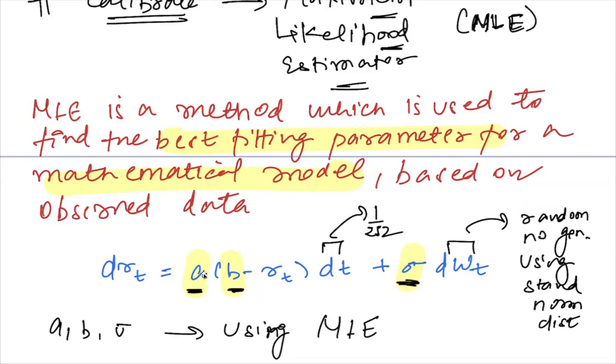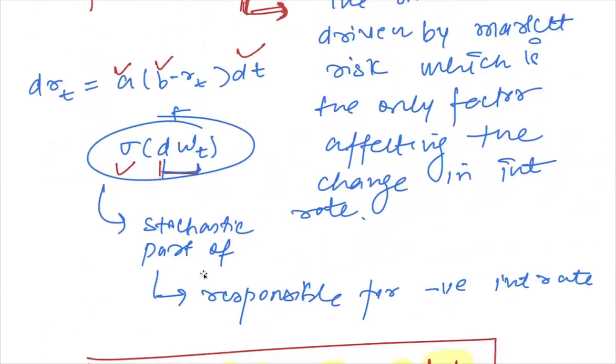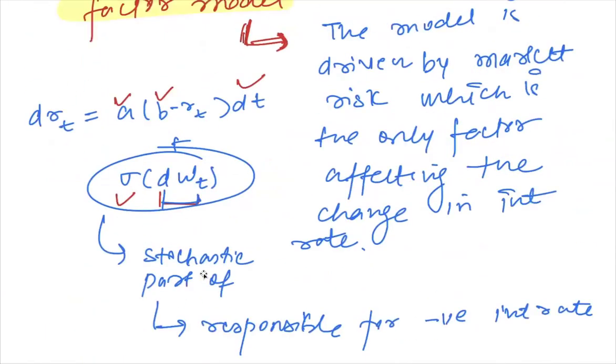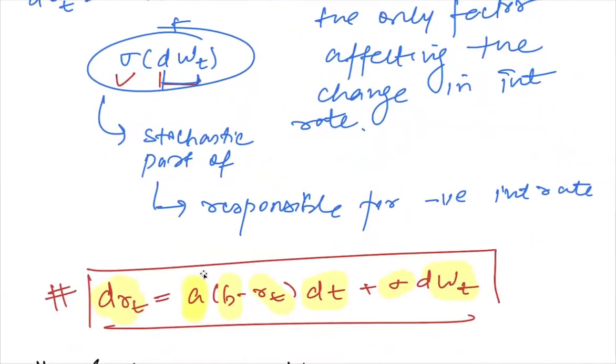Okay, I see there's a question. What is responsible for the negative interest rate? Someone wrote that if Rt is greater than B, then we see negative interest rate.